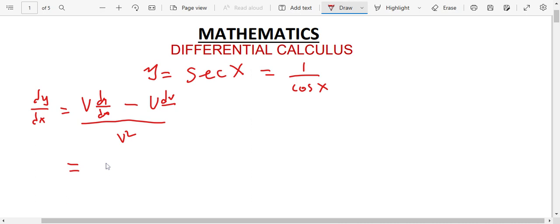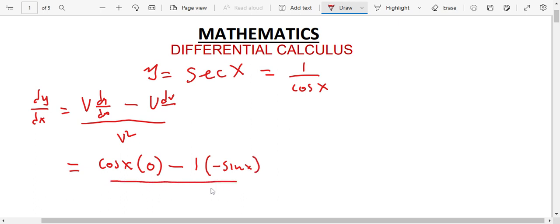So this is going to become v, that is what is down, cos x, and then differentiate what's on top. If you differentiate 1, you get 0. Minus, you write what is on top, which is 1, times the derivative of what's down: if you differentiate cos, you get negative sin, and then divided by cos squared.